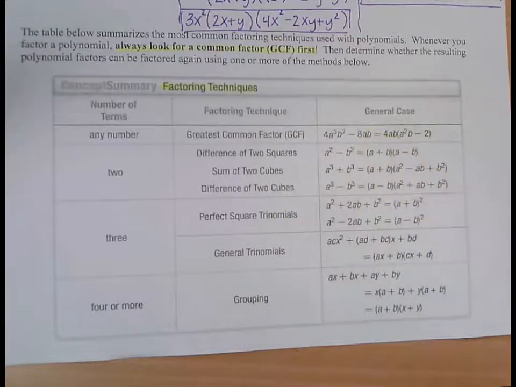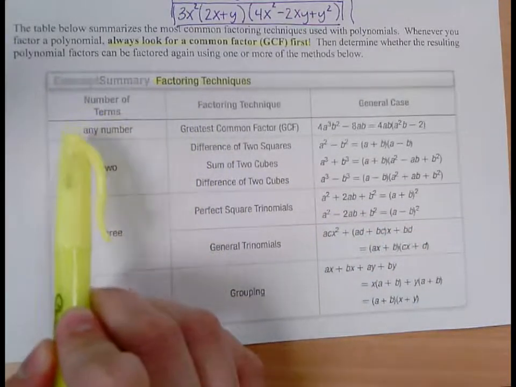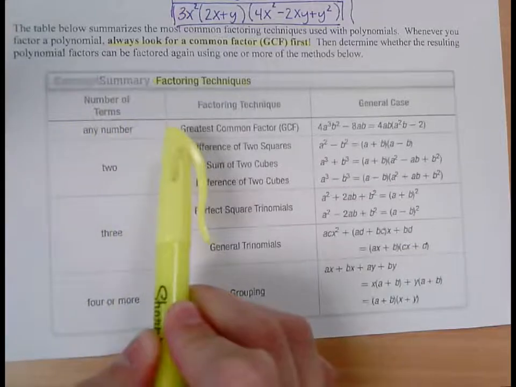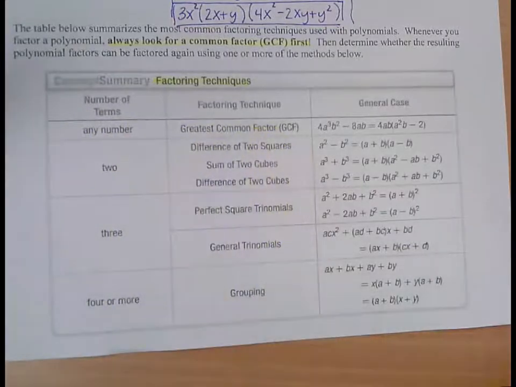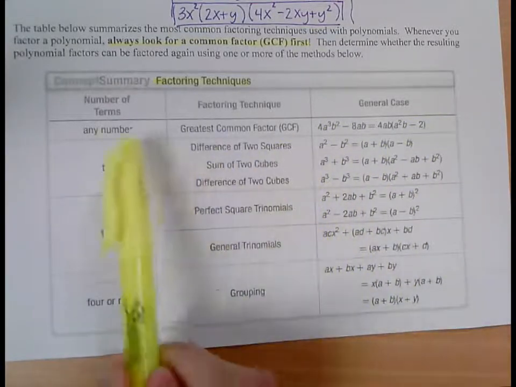And then if it works, awesome. If it doesn't work, it's possible that the polynomial is prime and cannot be factored. So here's a quick summary. Whatever number of terms you have, you should always check for a GCF. Okay, and it does give an example of each case as well.